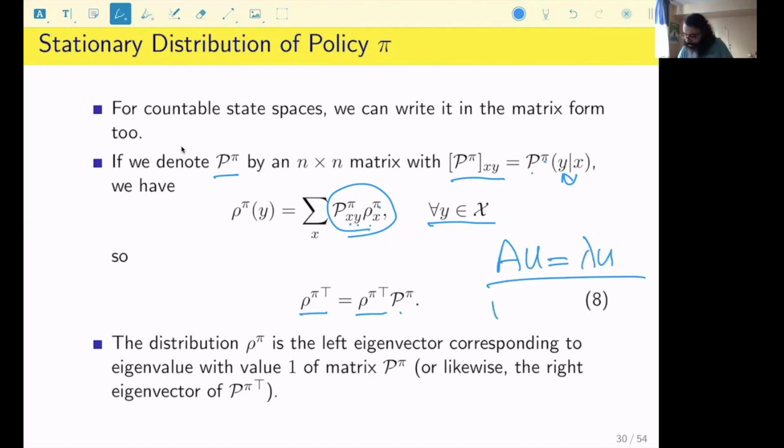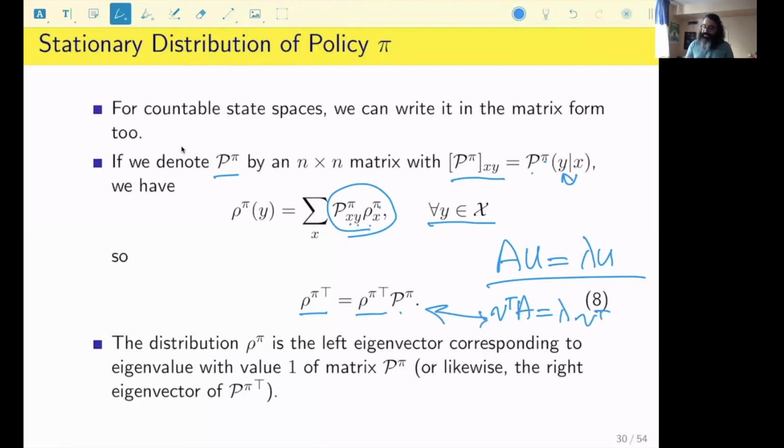But we can also have V transpose A equal to lambda V transpose, which is the form here.